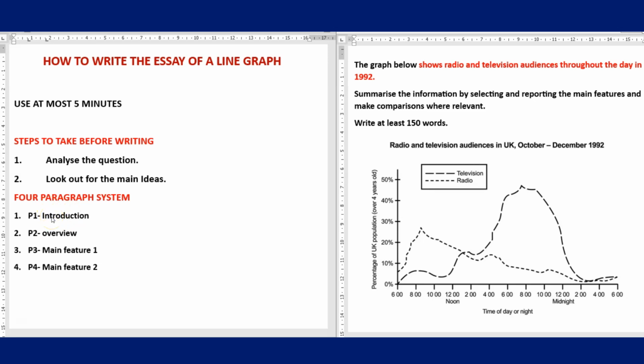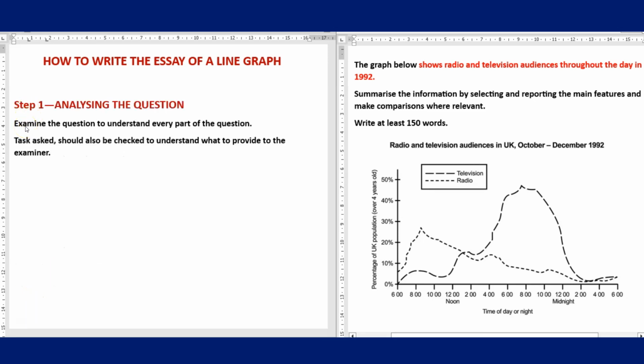We start with an introduction, then the second paragraph will be the overview, the third paragraph will be our first main feature being described properly, and then we take the last feature, which is the second main feature, also described in detail. Okay, now let's start with the first step, that is analyzing the question.